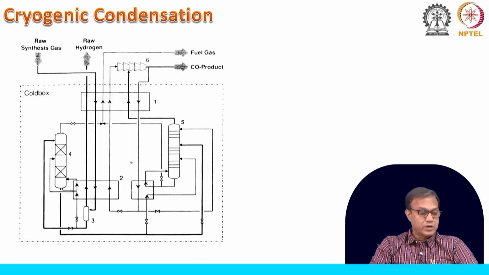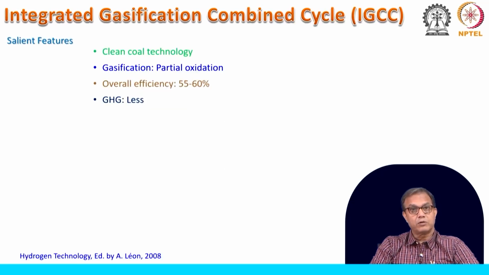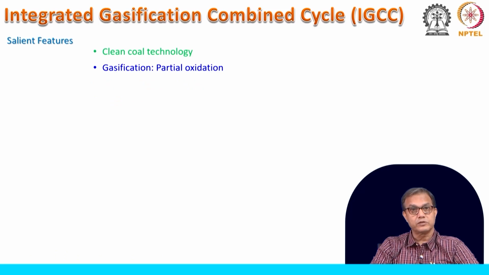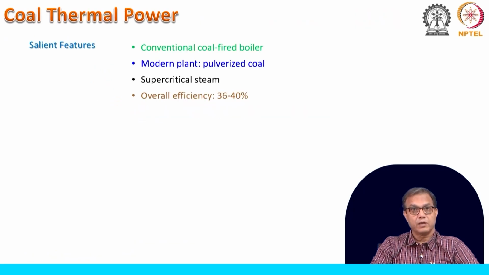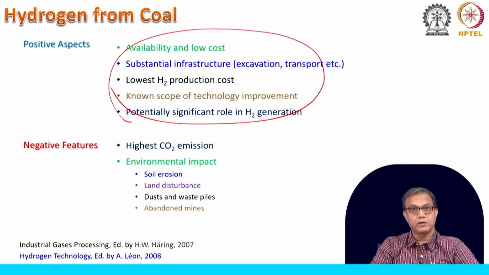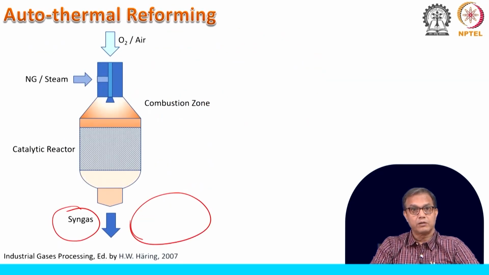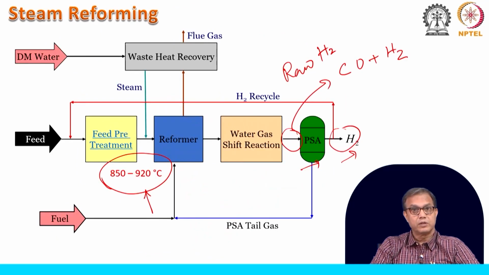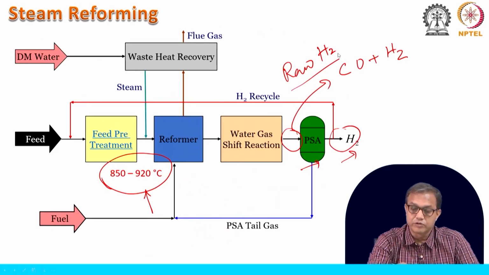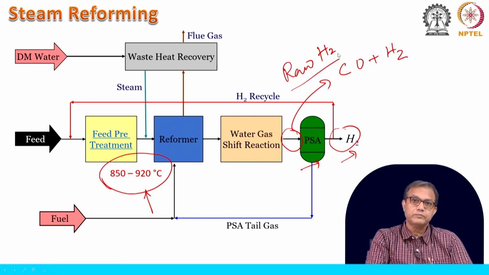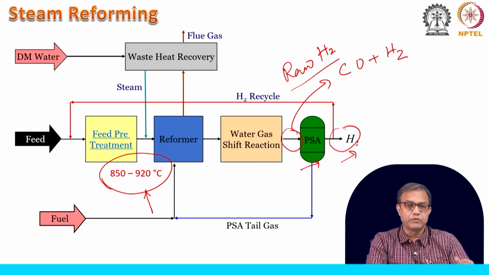Okay. So, now we will talk about what we have learned in the earlier processes, where we talked about the raw gas or this raw hydrogen formation from the water gas shift reaction, or even steam reforming.